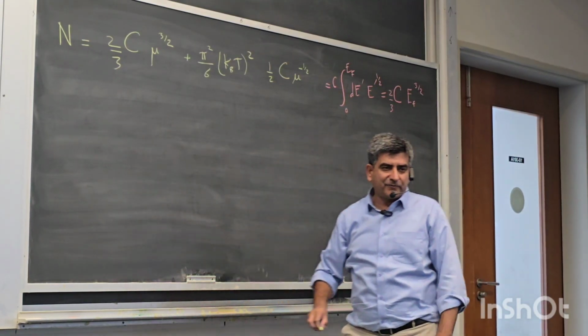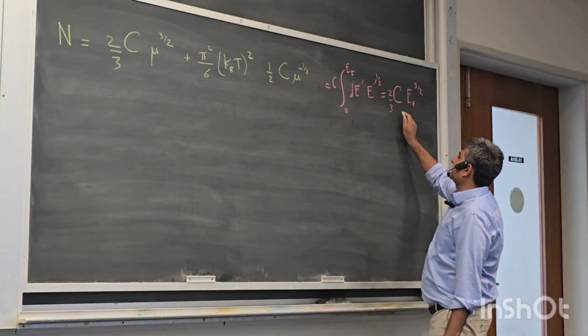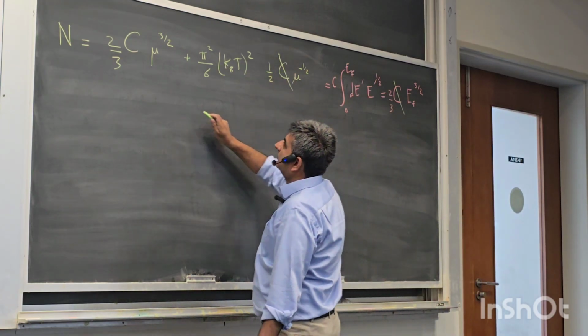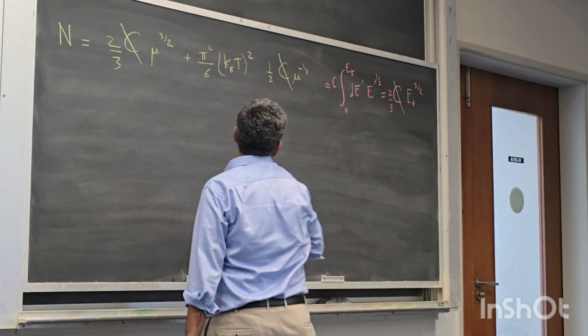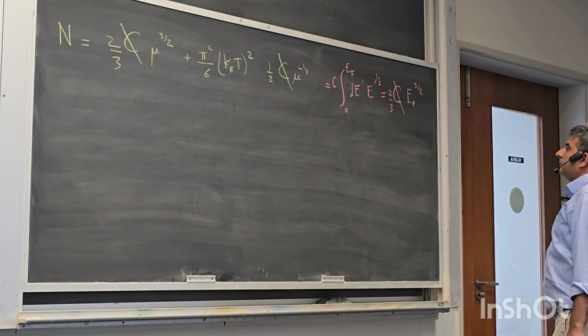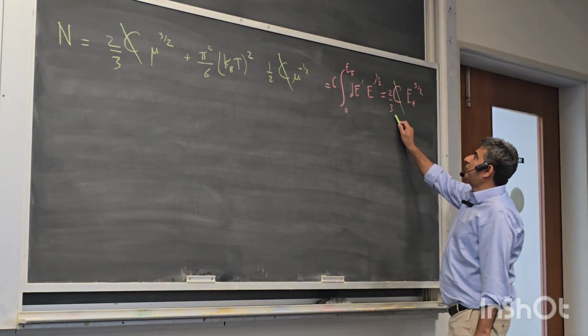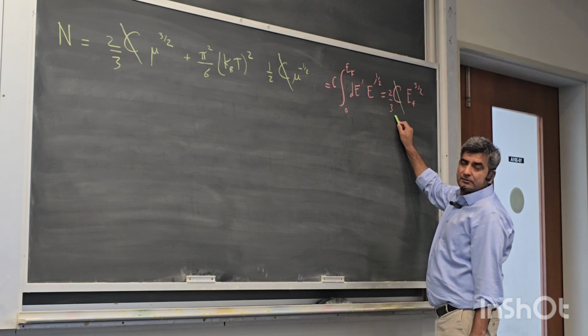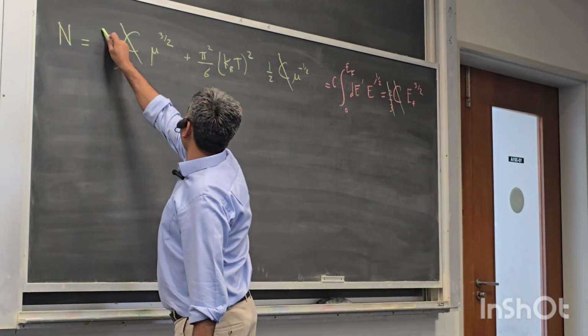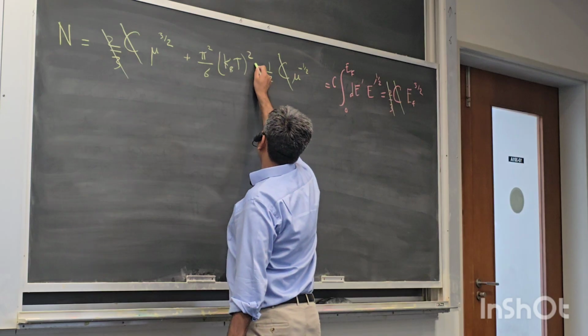Now let's do some fortuitous calculations. So let's remove this C. Let me remove this 2 by 3 as well. And I multiply this with 3 by 2.